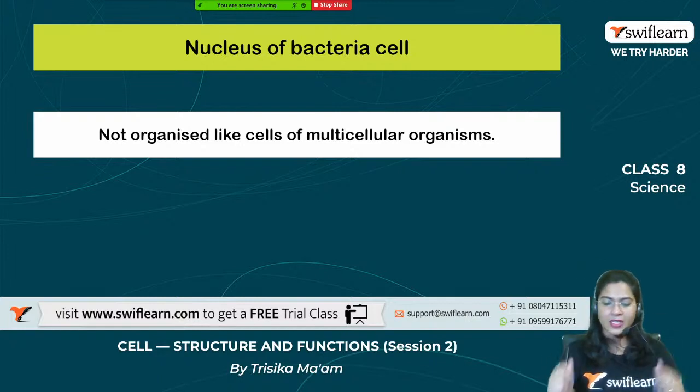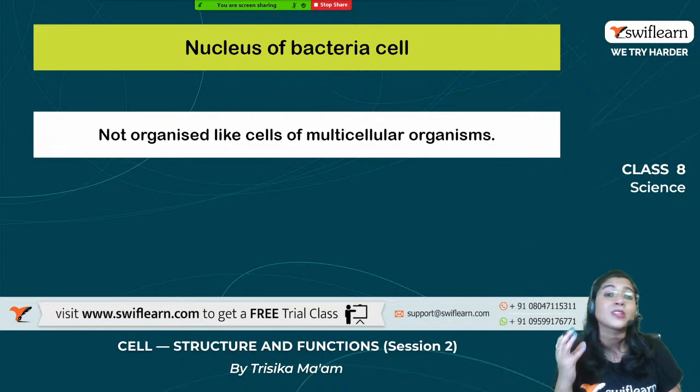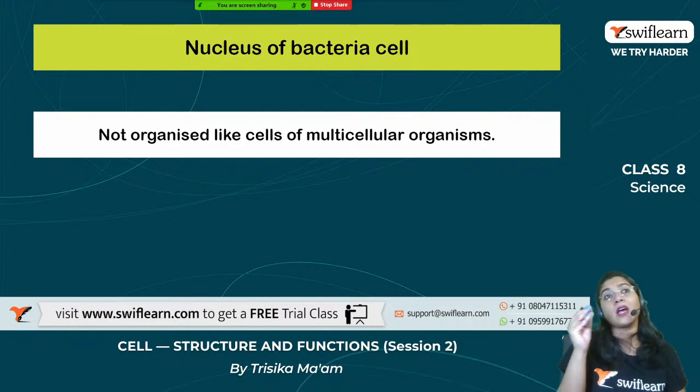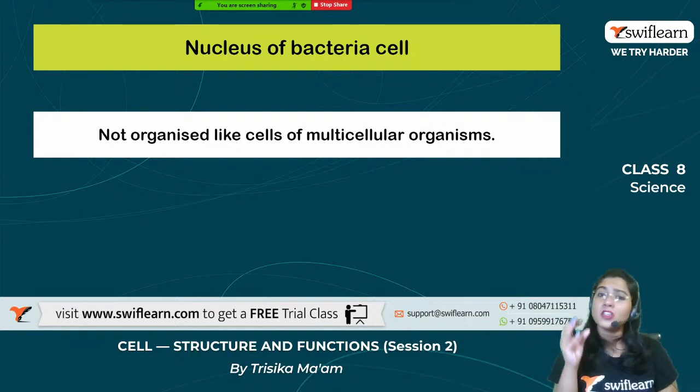Do you have any idea about them? Yes. So there are certain cells where the nucleus is not that much organized. As I have already shared, I have already drawn the picture of the nucleus, that they have a membrane, they have the nucleolus, within them they have the chromatin fibers, they have certain nucleoplasm.